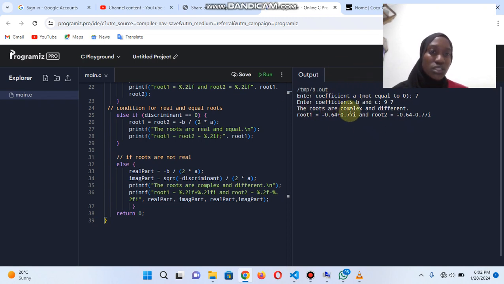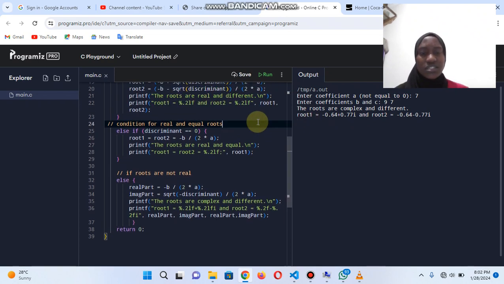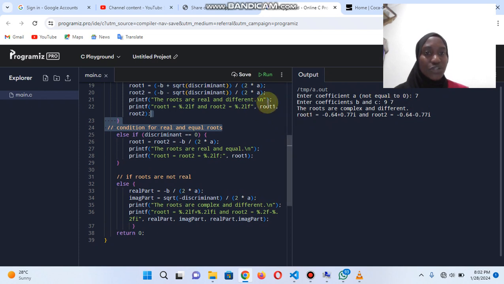Then the roots are complex and different. So if these are your inputs and you run, instead of the roots being real and different, it's going to be complex and different. These are the answers. This is root 1, this is root 2.